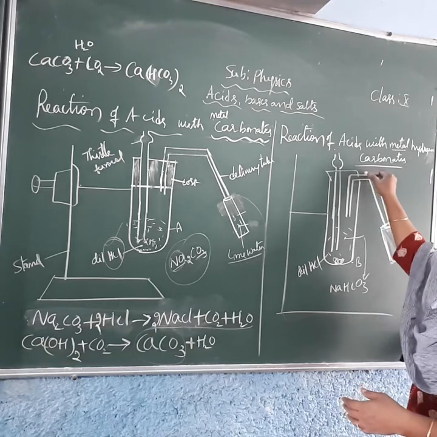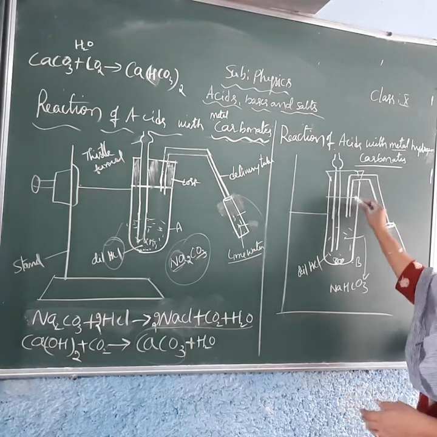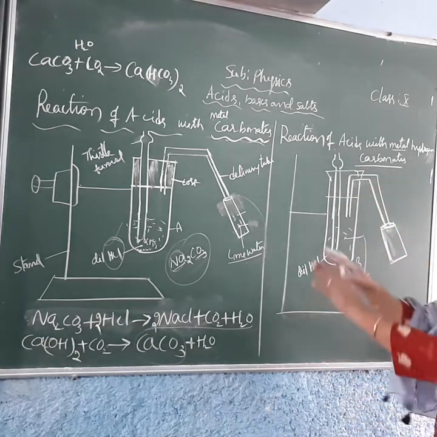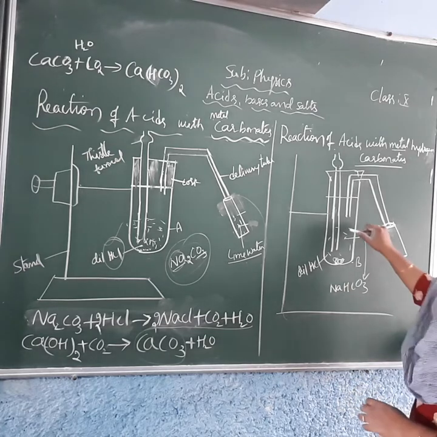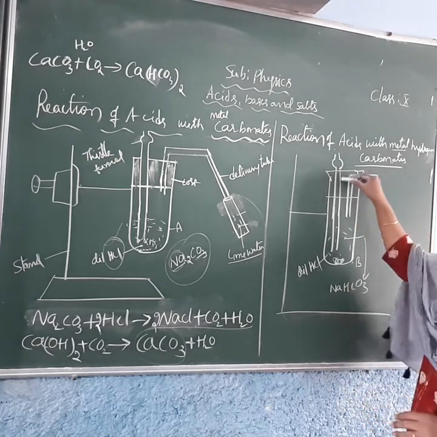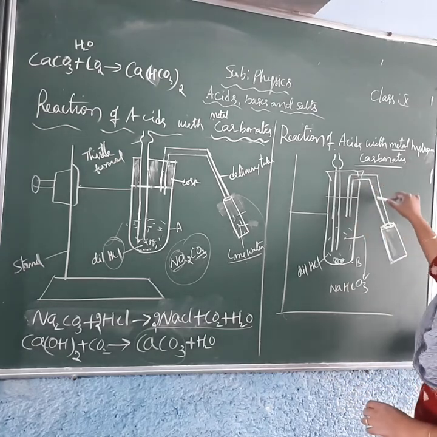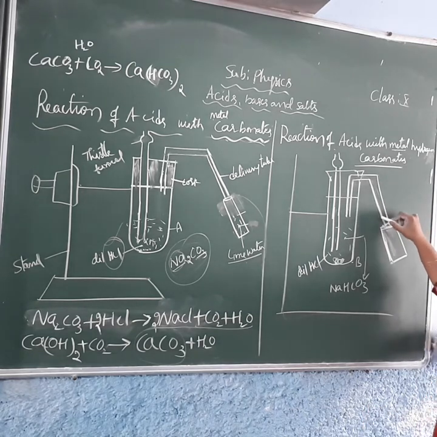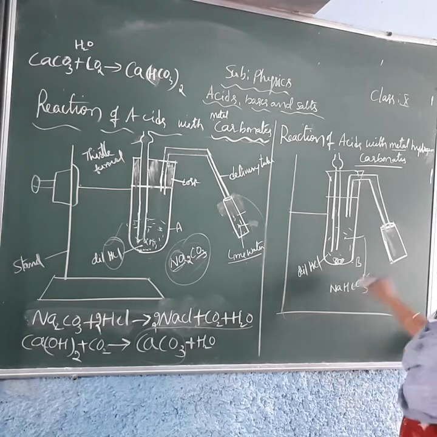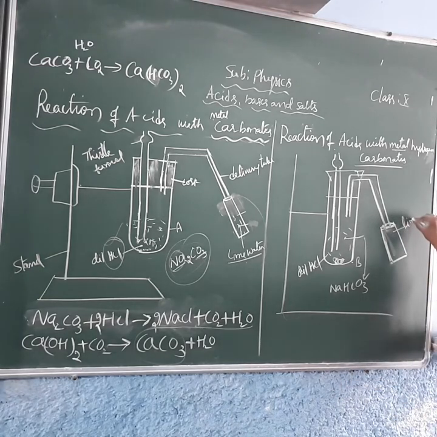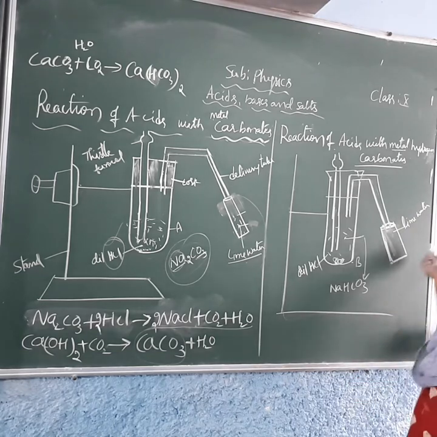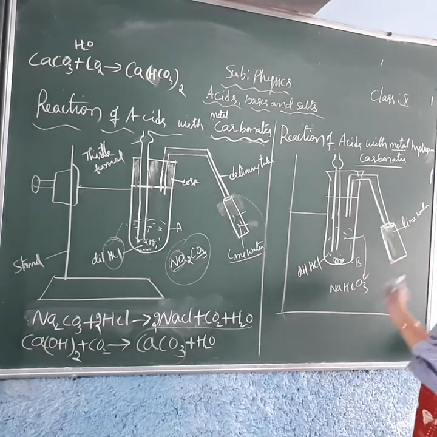Fix it with the rubber cork and take the same precautions. The gases are released and pass through the delivery tube, and the end of this delivery tube you fix into the test tube which contains lime water. Again the lime water turns milky.